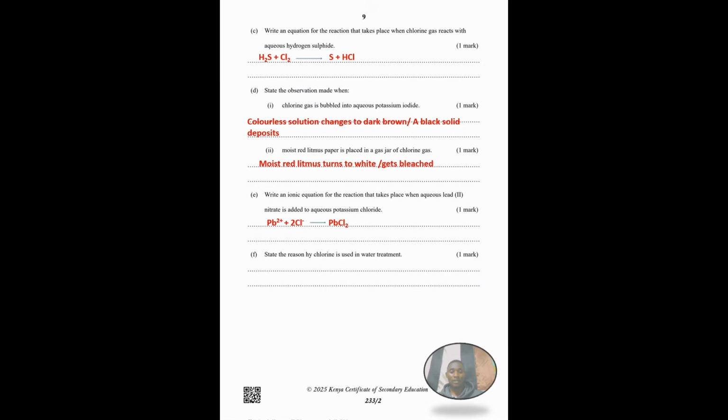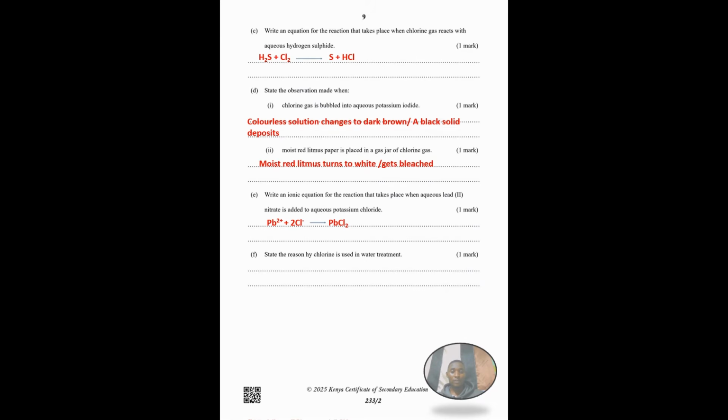So in this case, we have lead(II) ions, aqueous. Please, learners, don't forget to indicate the state symbols: aqueous for lead(II) ions, plus the 2 chloride ions still aqueous, and then we obtain lead(II) chloride, which is a solid. Please indicate (s) to show that this is a solid or a precipitate, and that is the ionic equation that we are talking about. Look at the equation, it is still balanced.